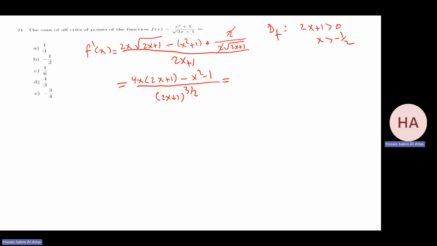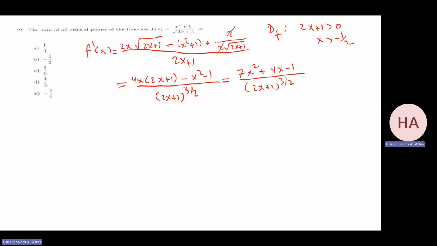And that gives me what? 8x squared, 7x squared. Is it? Yeah. 7x squared plus 4x minus 1 over this. This, can't factor it. Is it?